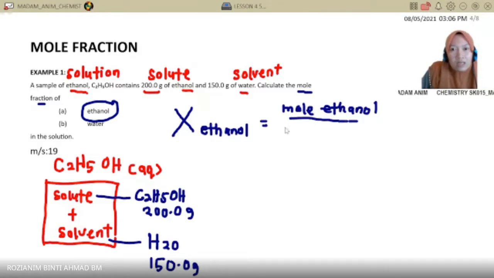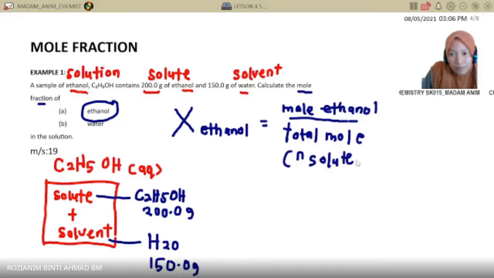Over total mole. What does total mole mean? Mole of solute plus mole of solvent. It means your total number of moles belongs to the total mole of our solution. So we want the mole fraction of ethanol.